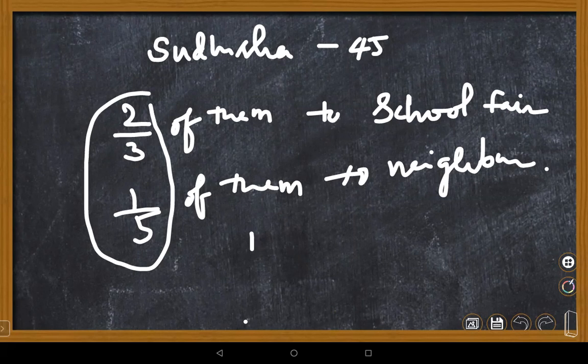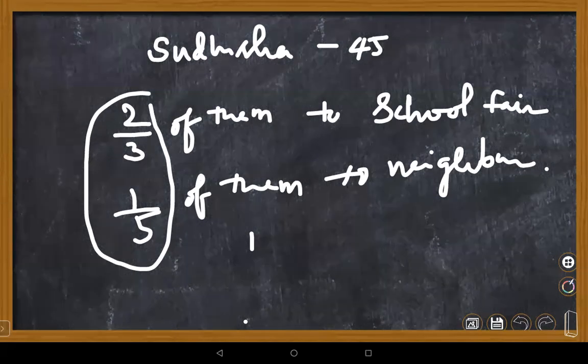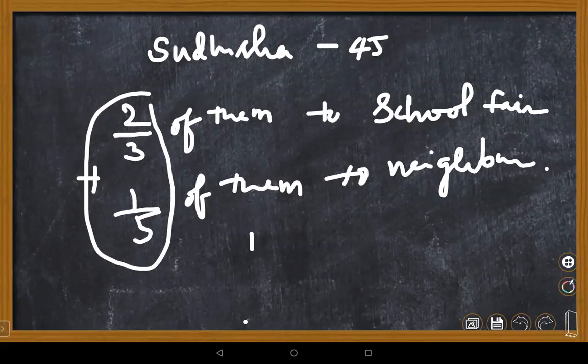Ma'am, is it 16 by 15 or 13 by 15, if you add these two? Ma'am, it should be 13 or 16.